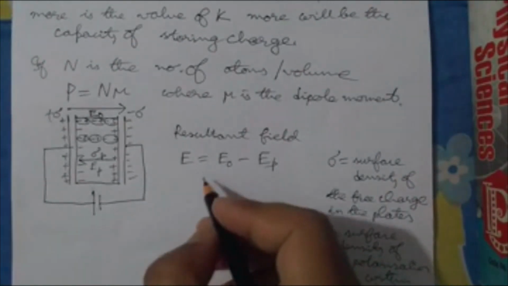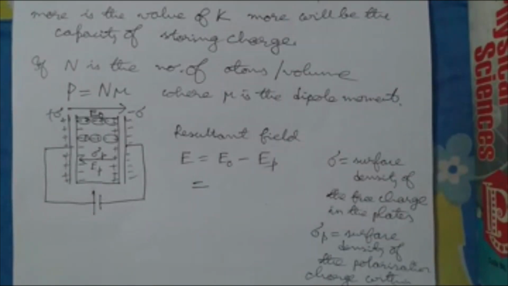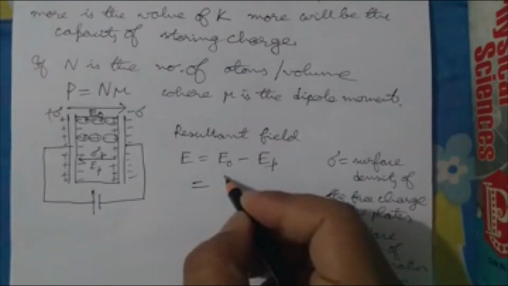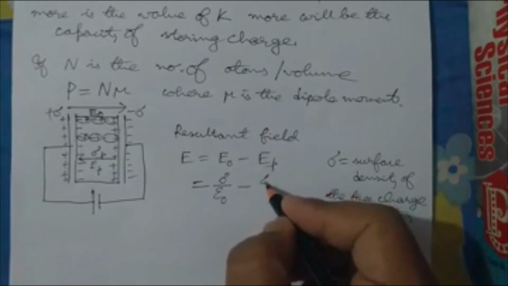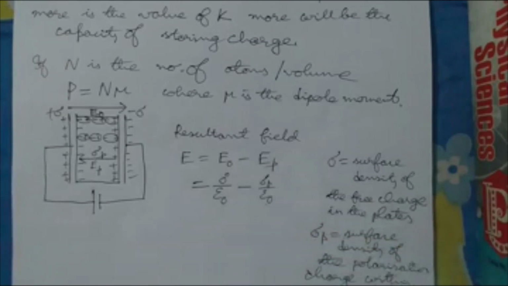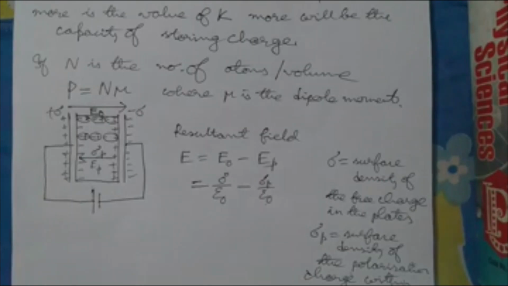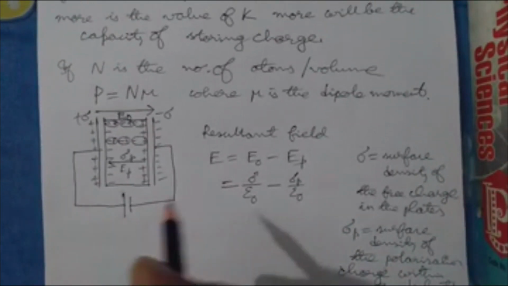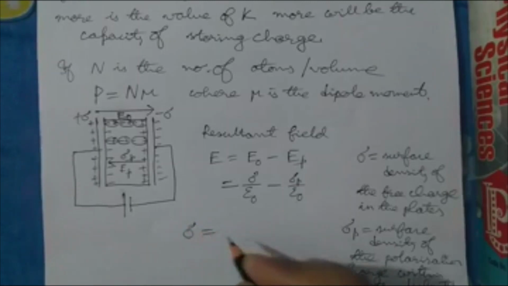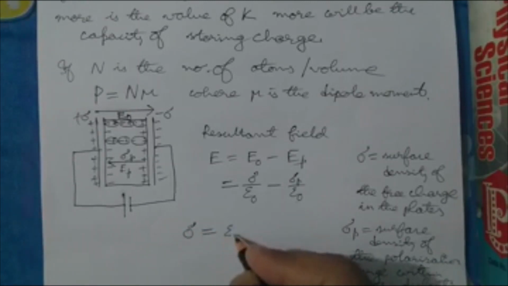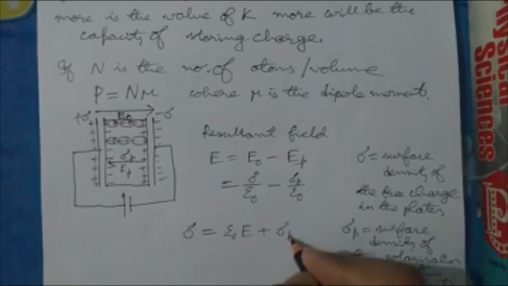So E0 will be what? From your class 11 you have studied that it will be sigma by epsilon naught minus sigma p by epsilon naught. If you recall your class 11 physics book, you will definitely remember this. So from here what will you get? Sigma will be epsilon naught E plus sigma p.